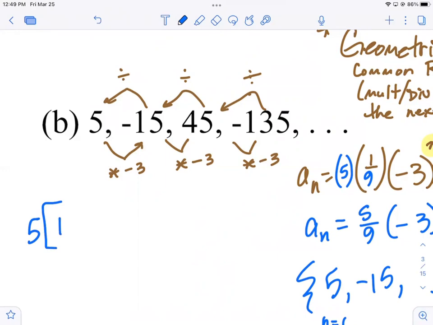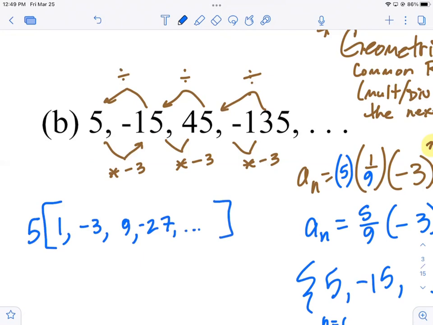Now it's a 1, and then it's a -3, and then a 9. We'll call it a 9, and then -27, and so on and so forth.